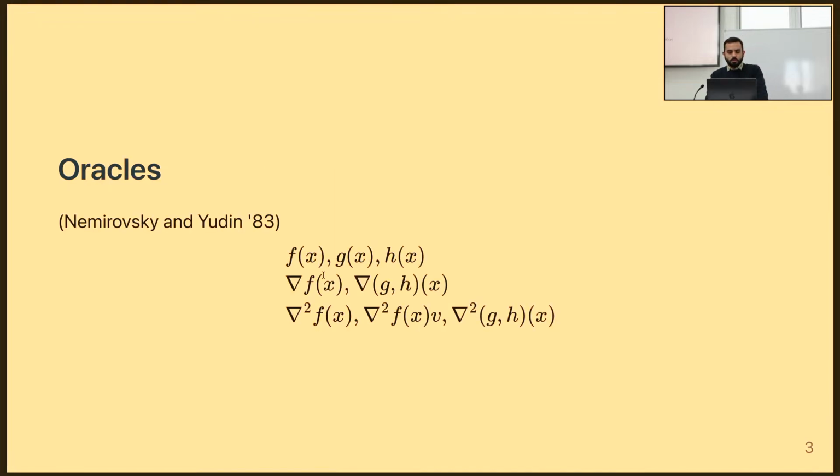Right. So what forms one of the basics of these problems are something called oracles, right? This was introduced by Nemirovsky and Yudin in '83. It's nothing fancy. It's just the functions that describe your problem, the objective and the constraint functions, as well as their derivatives, which is usually just the gradient if you're doing first order optimization.